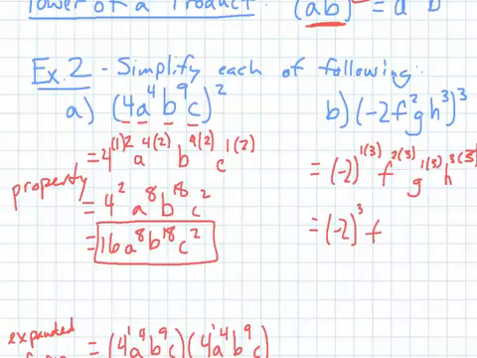F is going to be to the 6th. G is going to be to the 3rd. And H is going to be to the 9th, because I just took 2 times 3, 1 times 3, and 3 times 3 to get those numbers. And like I said before, with the 4 squared, I get 16. Negative 2 to the 3rd power is just negative 2 times negative 2 times negative 2. So if I multiply that out, I get negative 8.